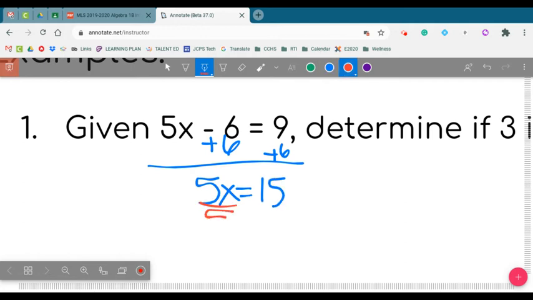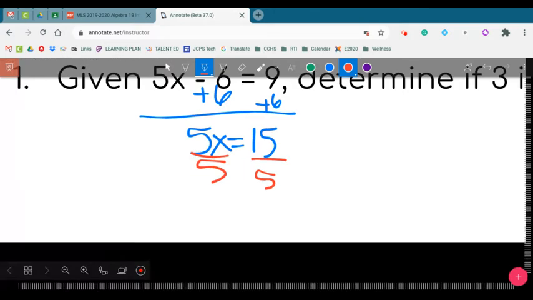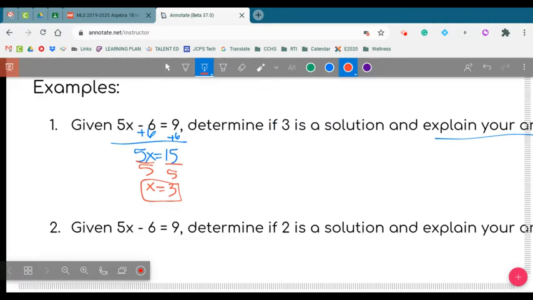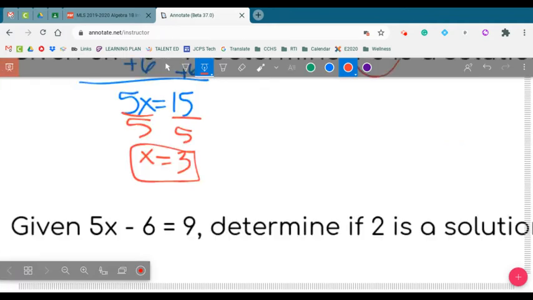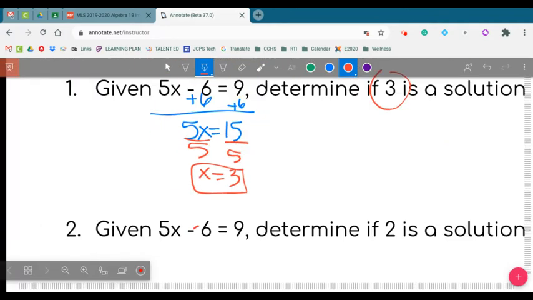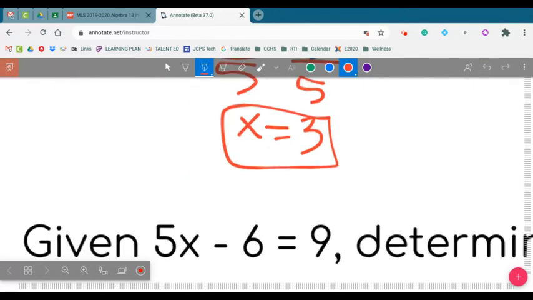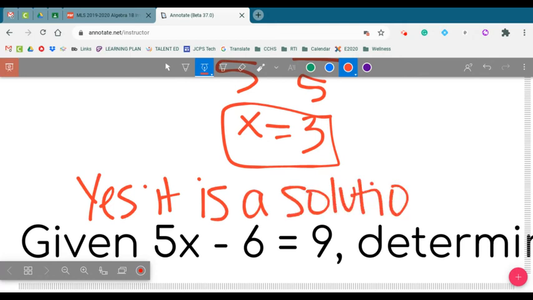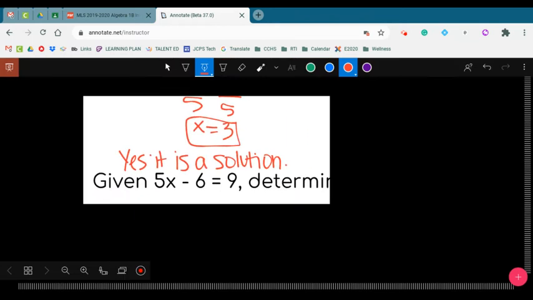And then divide by 5. I get x equals 3. Is that what I wanted to get? Yes. So, is 3 a solution to this equation? You would put yes, it is a solution. So make sure you explain that. You cannot just put yes or no.